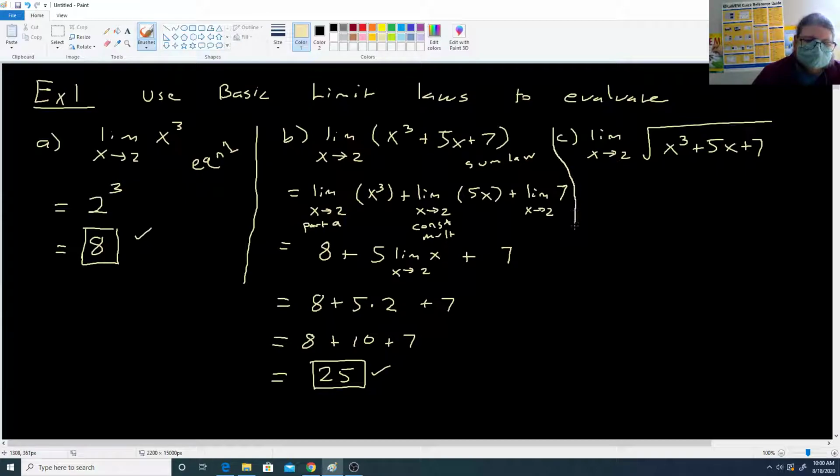Now for part C, we are going to use law 5 for roots. We're going to use the root part of the law. And this is going to let us pull the limit inside.